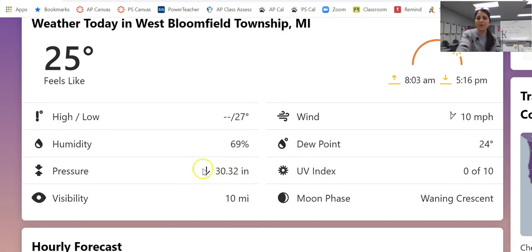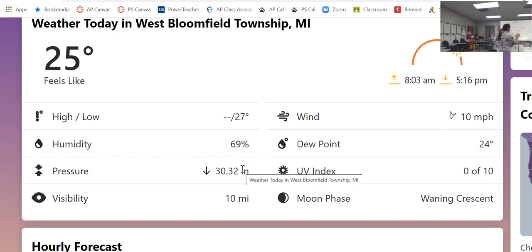It says 30.32 inches, so that's the pressure that we're going to write down. Your teacher may end up telling you to use a different pressure, but for our situation right now, we're going to say that the room pressure, which is the total pressure because it's going to reach equilibrium, is 30.32 inches. We can call it P total.